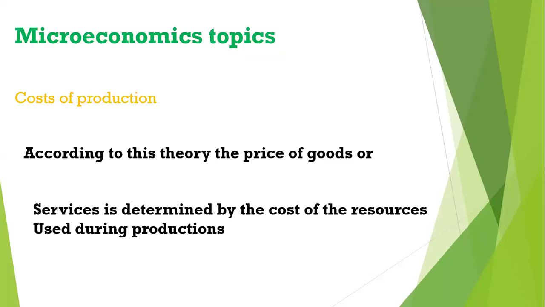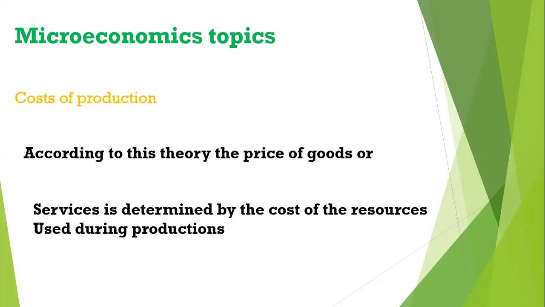And the next one would be cost of production. According to this theory, the price of goods or services is determined by the cost of the resources used during production. So this is self-explanatory. Cost of production always determines the price of the good.